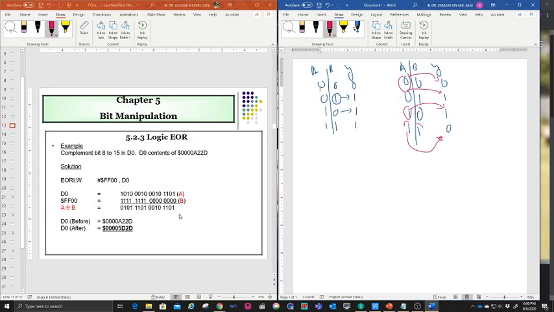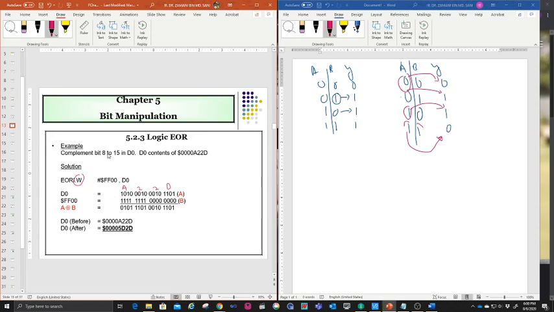Okay, so let's look at the questions here. Example, complement. Complement means you have to change the value from 0 to 1 or 1 to 0. So complement bit 8 to 15 in D0. D0 contains A0AD. So you have to convert all of this first. This is D, this is 2, this is 2, this is A. Because this is only word size, I don't really care about the rest.